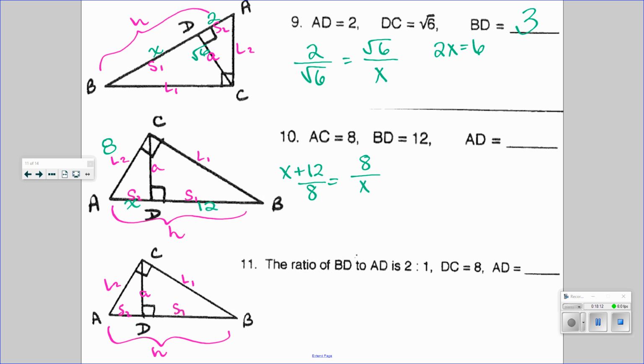So that's solving a quadratic. You've got x squared plus 12x equals 64.